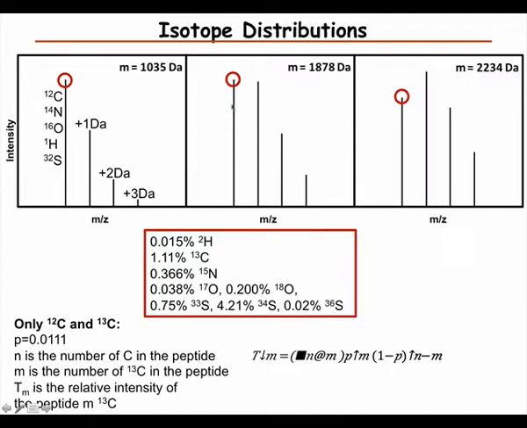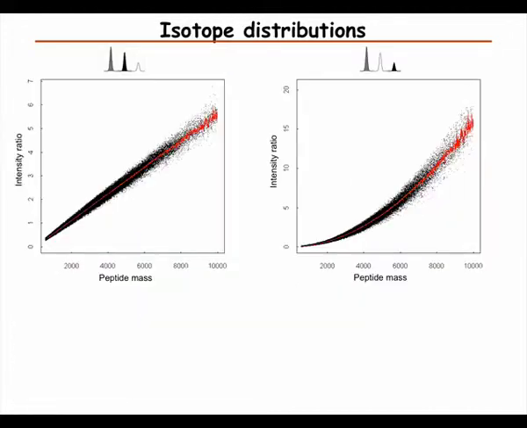So what happens is that you can approximately, if you only consider carbon 12 and carbon 13, calculate these relative intensities. And of course you can then, by extending this to all the higher isotopes, also do that calculation. It's pretty straightforward.